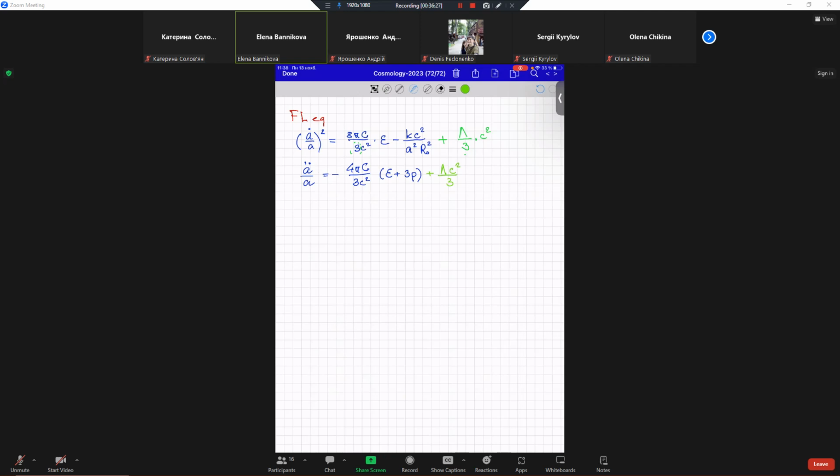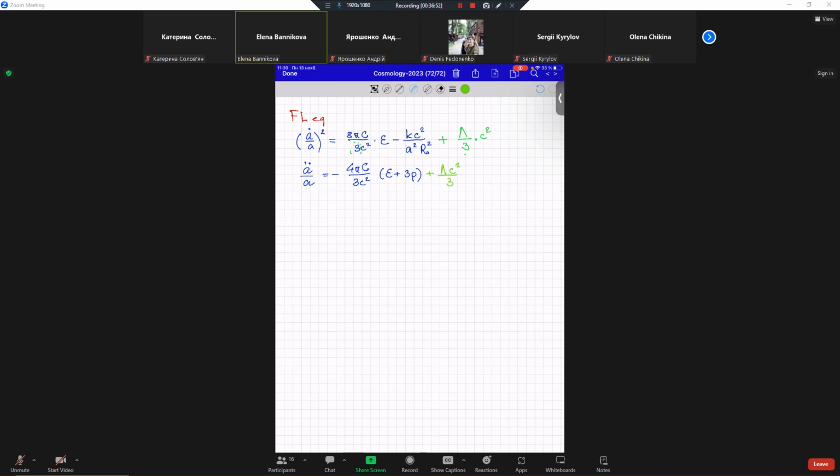And in principle, you can already see that there can be such a play between the term which consists of the lambda term and also the energy density, which is related to which matter we will consider our universe to contain. We will look at this in detail.